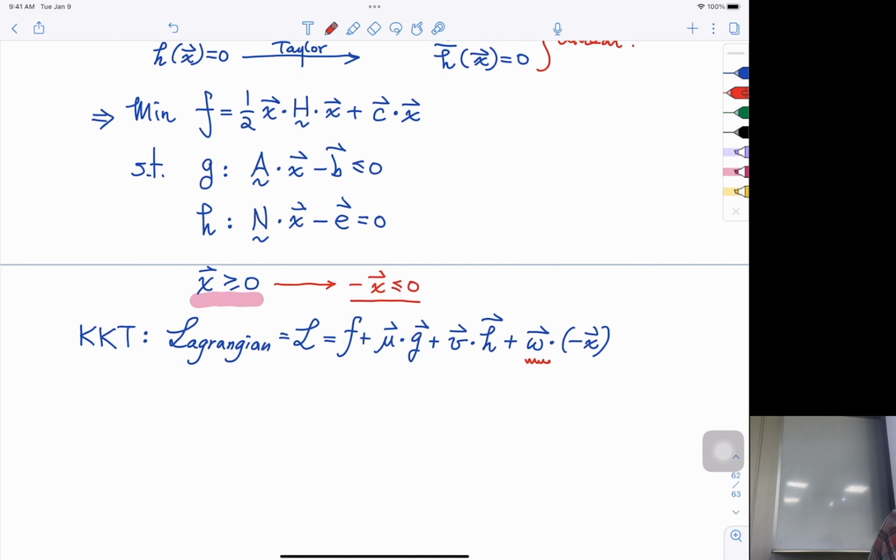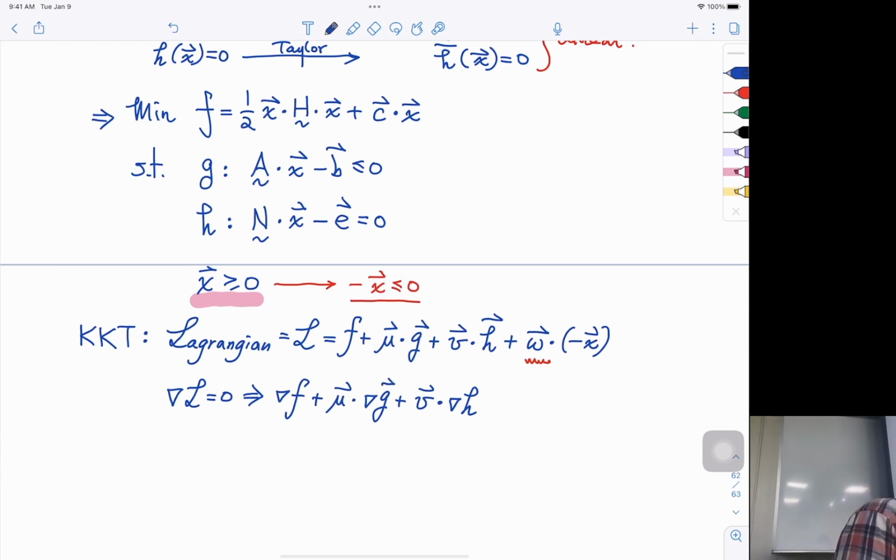So let's do that. The KKT condition says the gradient of the Lagrangian must be 0. So we will have gradient F plus mu dot gradient G plus V dot gradient H, plus W dot gradient of negative X. This has to be 0, and then let's truly formulate those.